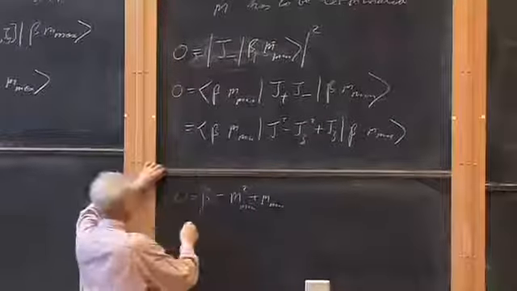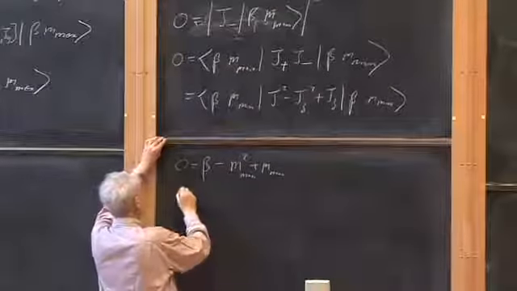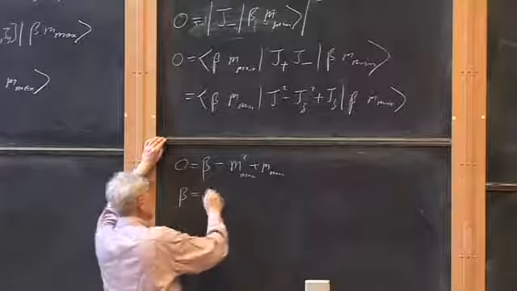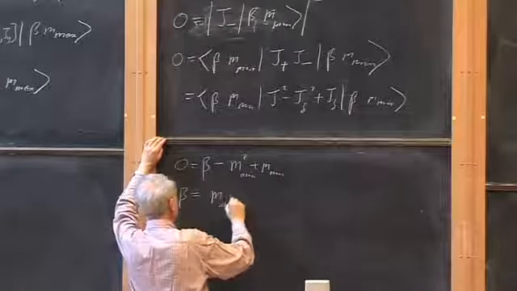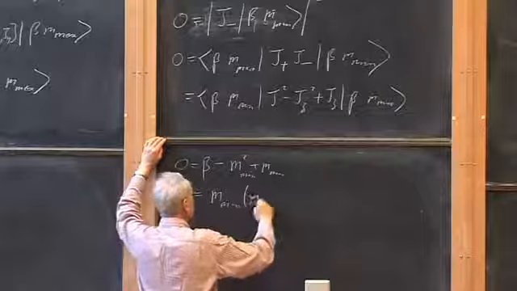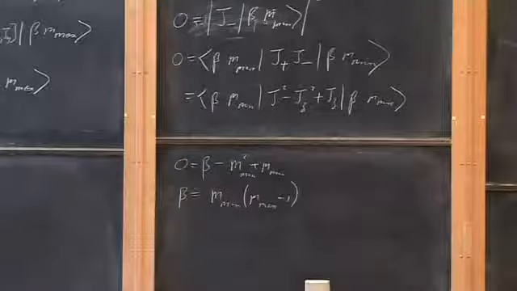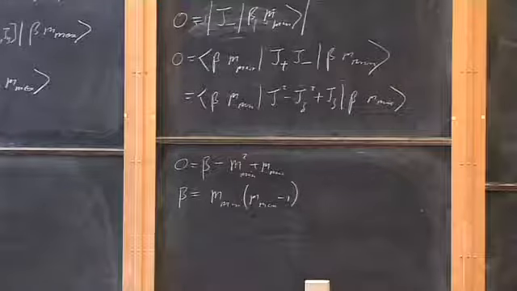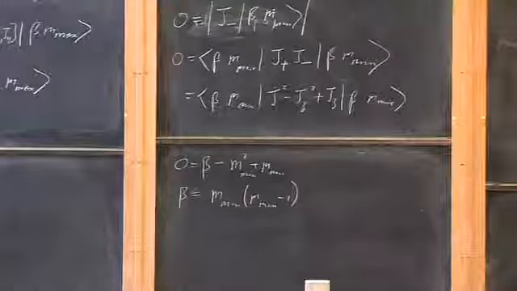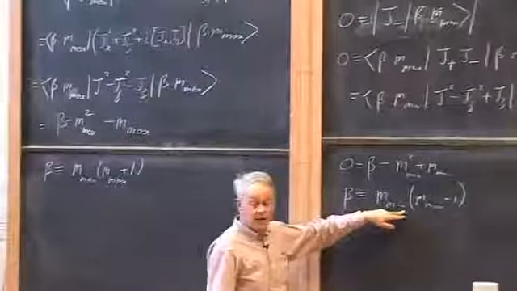In other words, beta is also equal to m min, m min minus 1. So we have a relationship here between beta and the largest value that m can take, and between beta and the smallest value that m can take.